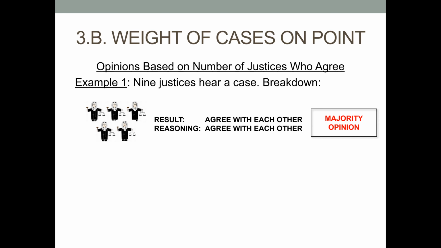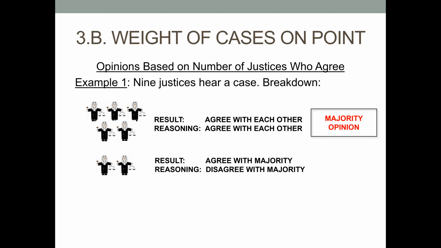Okay, well, we still have four justices left. What about the next two? Well, the next two agree with the majority on the result, but they think the majority used the wrong legal reasoning getting to that result.